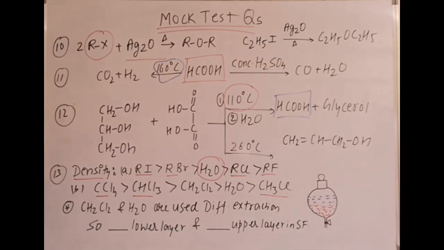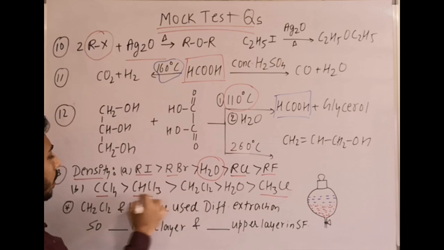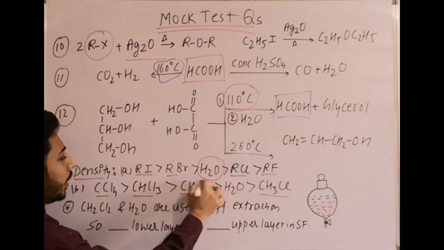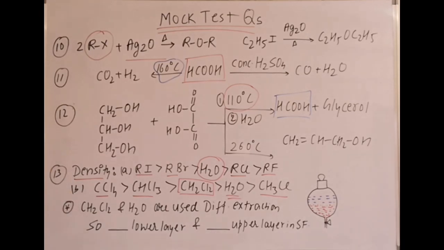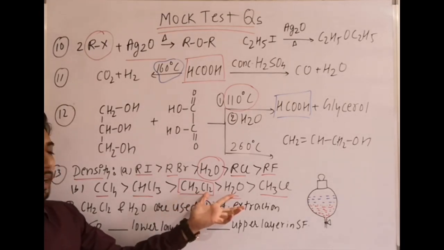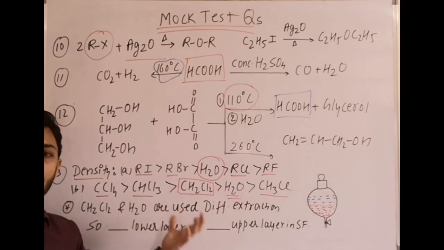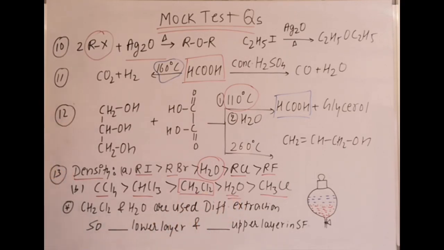Among them, after dichloromethane comes water. That means dichloromethane is denser than water. Therefore you can use this point in the test question that CH2Cl2, DCM, dichloromethane and water are used in differential extraction.